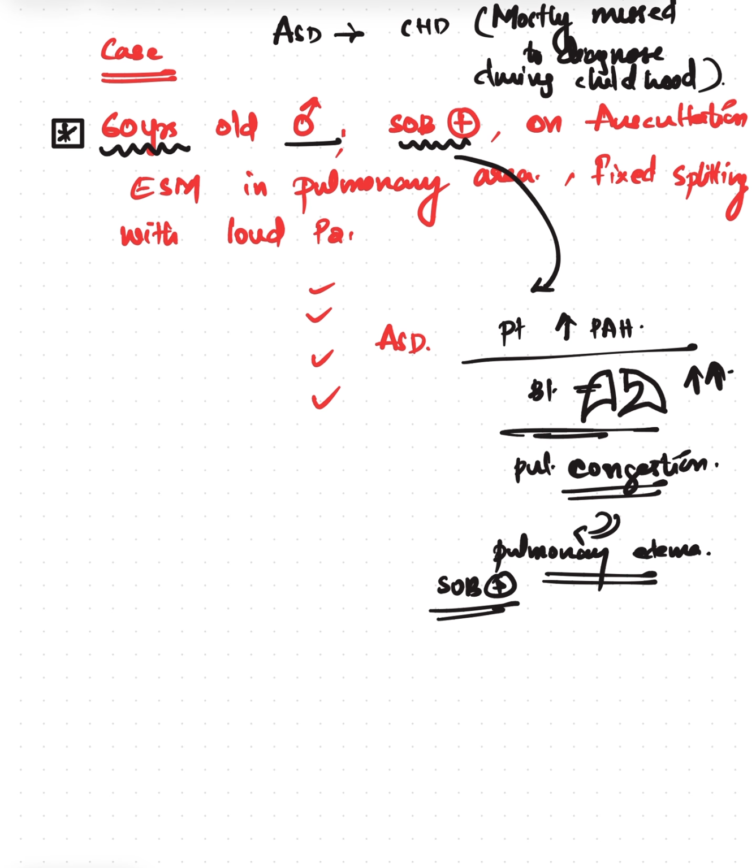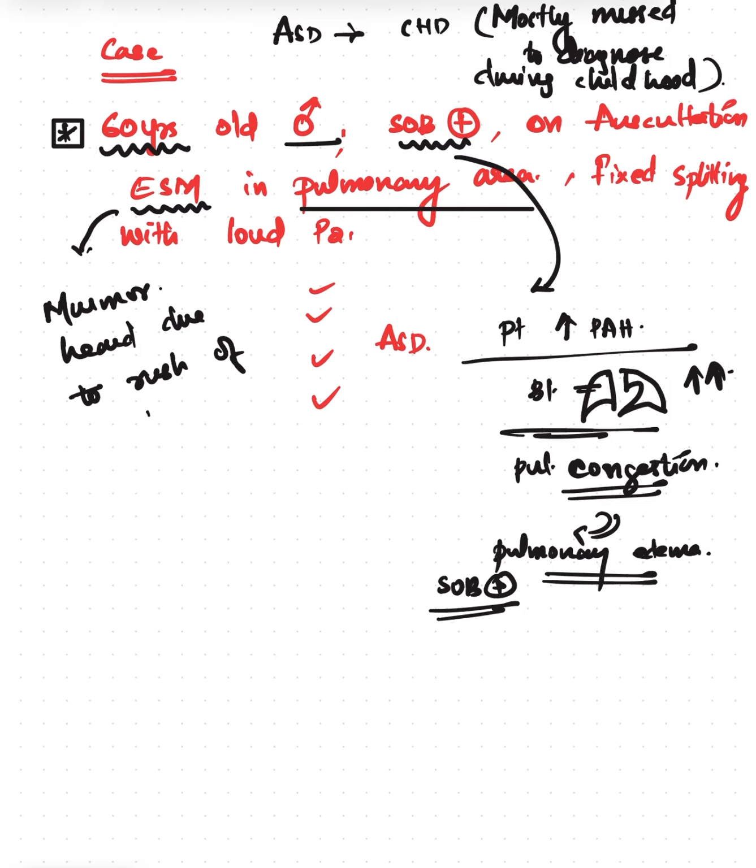Next, the auscultatory finding. I told you there is an ejection systolic murmur that is specific to the pulmonary area. It is heard due to the rush of blood.